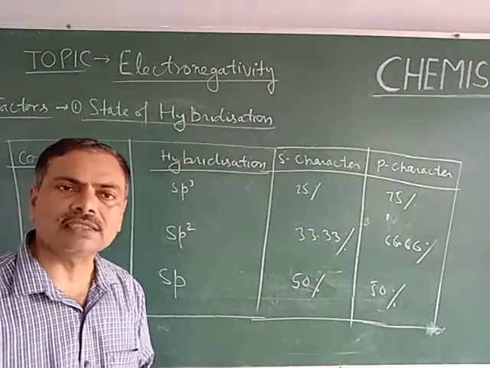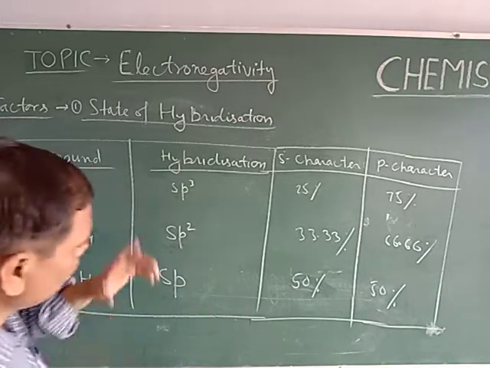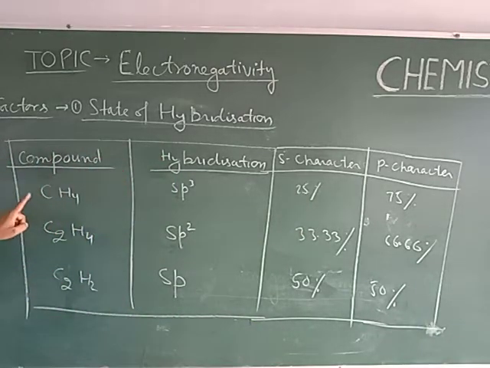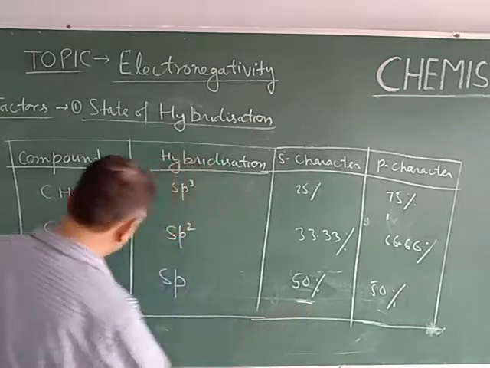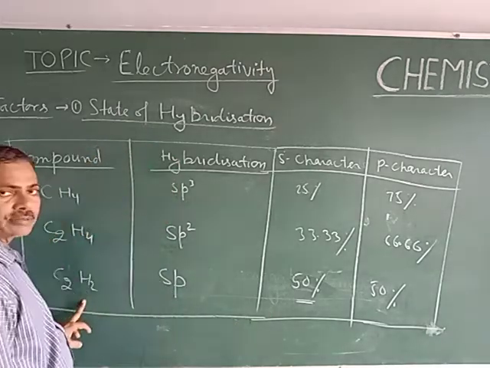Now listen to the sentence. Among all these compounds, methane, ethylene and acetylene, s character is highest in the case of acetylene, because in acetylene a triple bond is present.